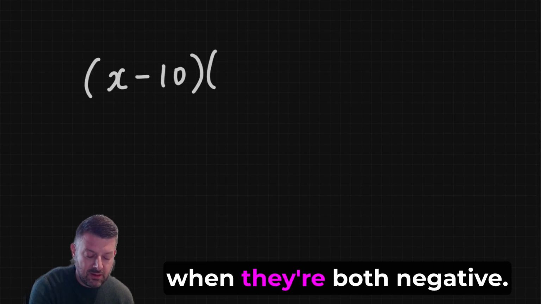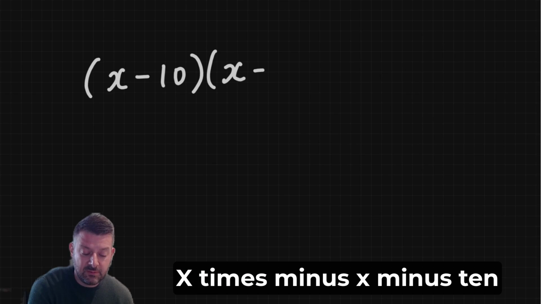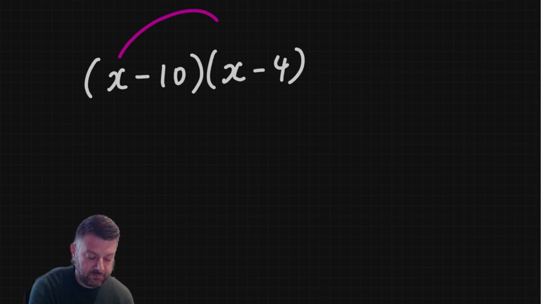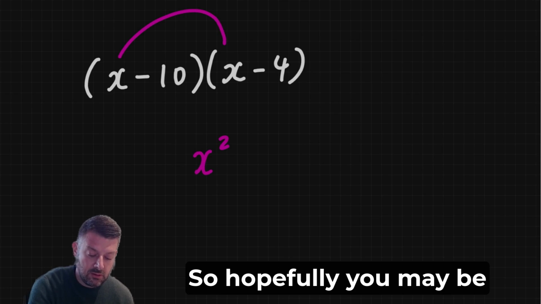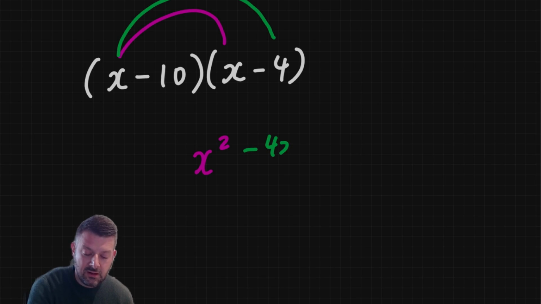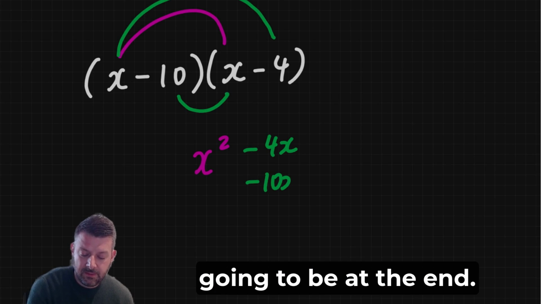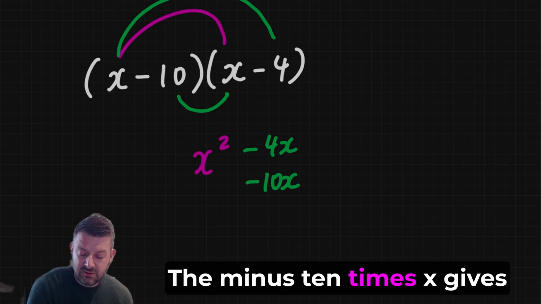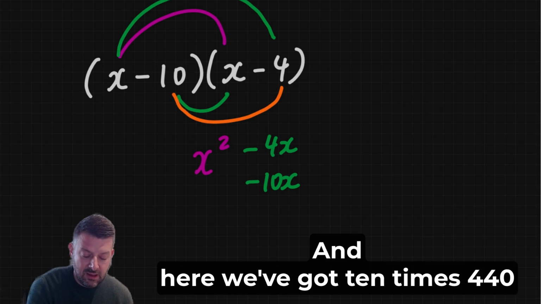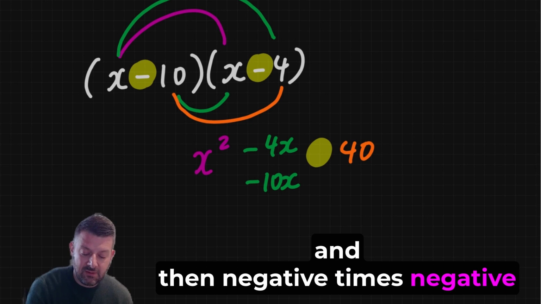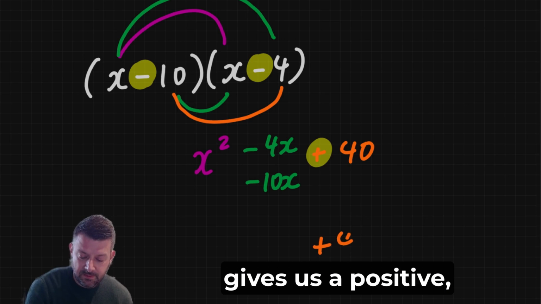Let's do one then when they're both negative. x minus 10 times x minus 4. So hopefully you may be starting to think, I can spot what the answer is going to be at the end. The minus 10 times x gives us minus 10x. And here we've got 10 times 4, 40. And then negative times negative gives us a positive.